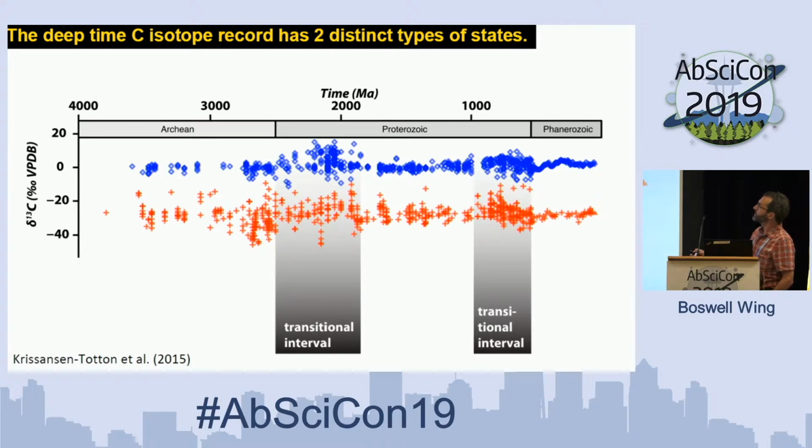And the carbon isotope record in deep time, it turns out, has two distinct types of states. There's going to be the intervals that we're going to ignore here, so-called transitional intervals associated with climatic upheavals and non-steady state behavior in the carbon cycle. But we're going to be focusing instead on these non-transitional intervals, largely the Phanerozoic, middle Proterozoic, and back in time.